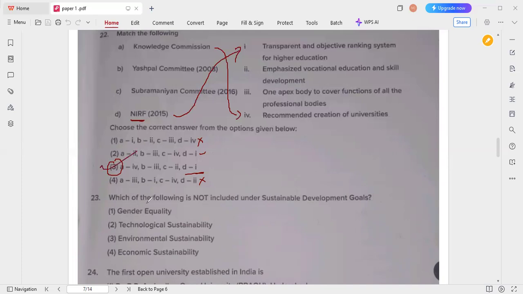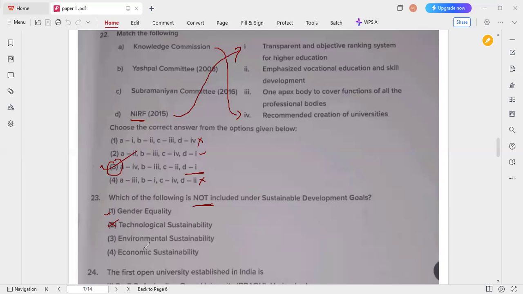So next one, which of the following is not included under sustainable development goals? Here gender equality is, yes, included. Then technological sustainability, technology is not. Environmental sustainability, then economic sustainability. So gender equality is also in the sustainable development goals. Once again, 23rd.